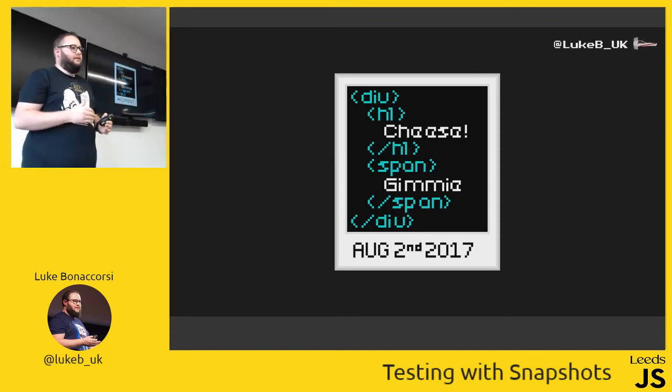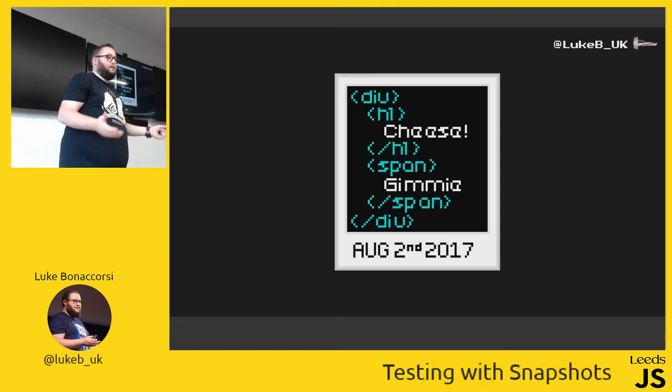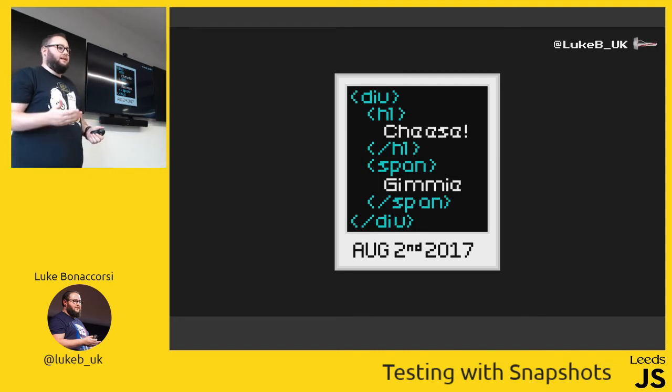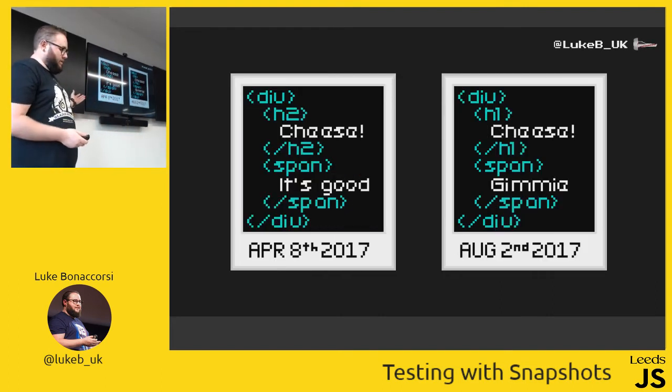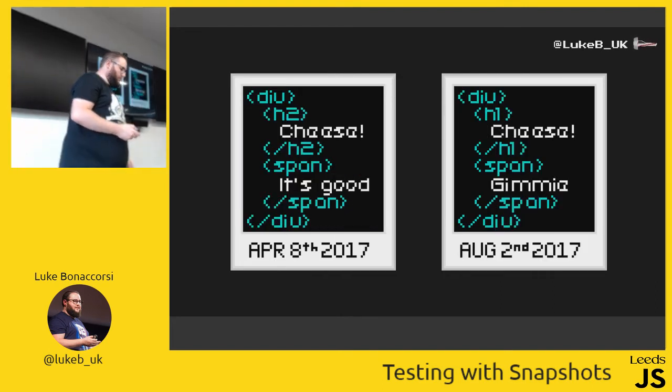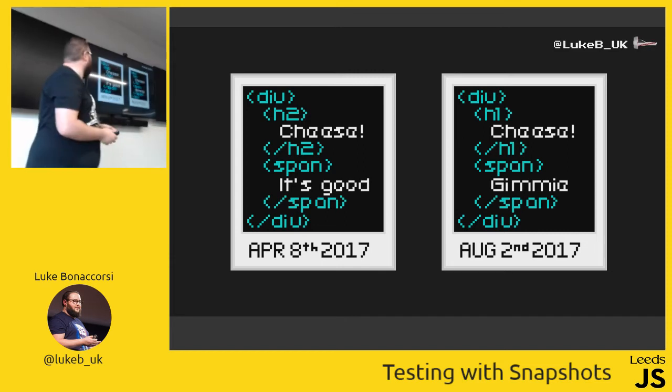Because they're formatted in the same way, if the output of that code hasn't changed, the test should pass. If it fails, that means something's changed in how the code is output. That's where it does the comparison, and again, it'll tell you what's different. It says "gimme" instead of "it's good".